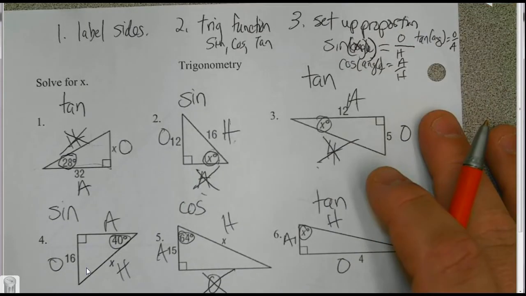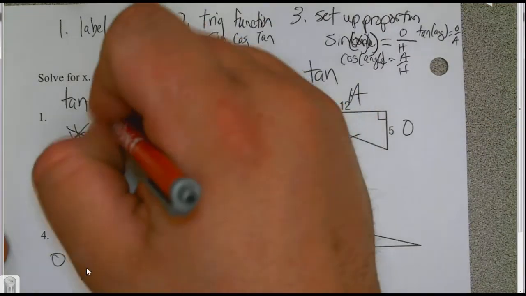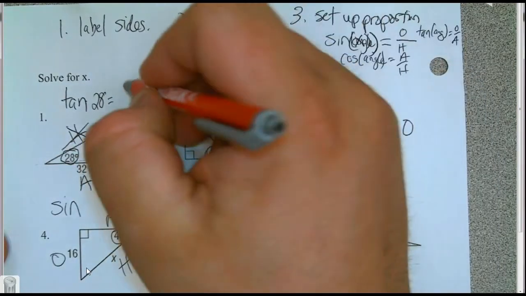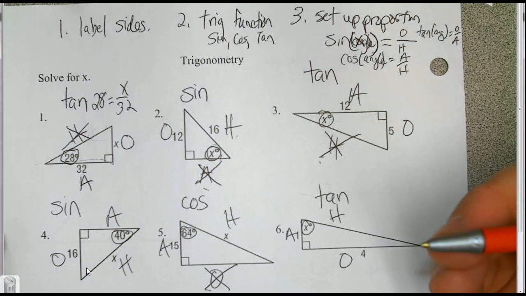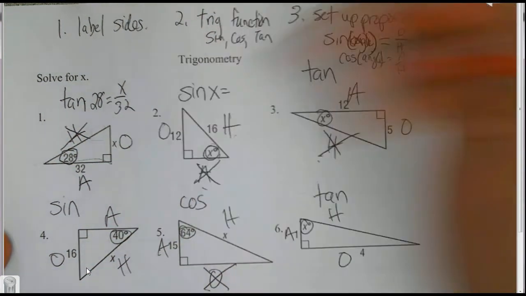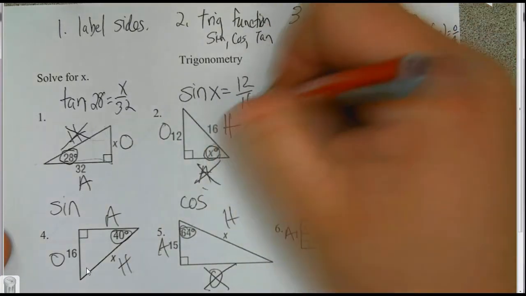For example, in number 1, the tangent of my angle, so the tangent of 28 degrees is equal to x over 32. In number 2, the sine of x is equal to 12 over 16.